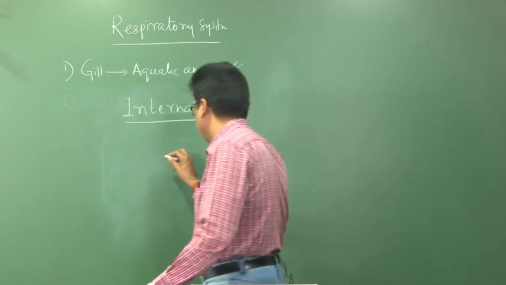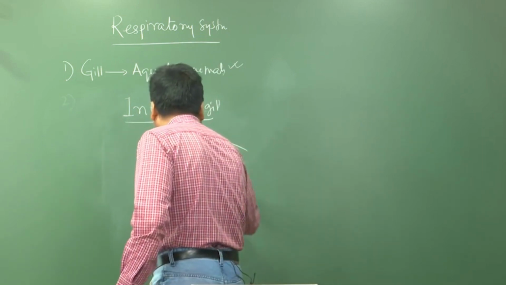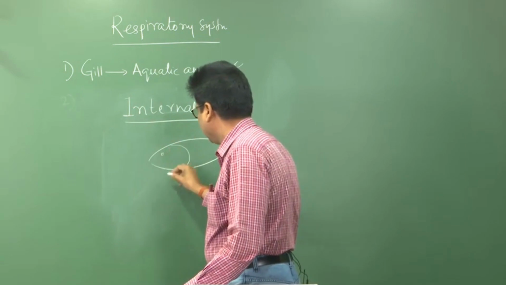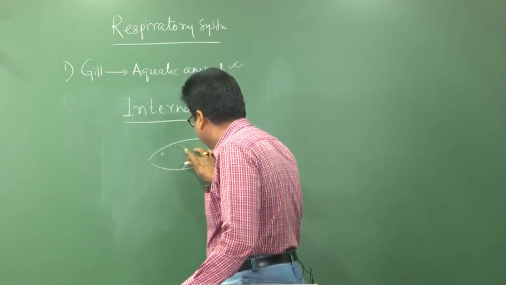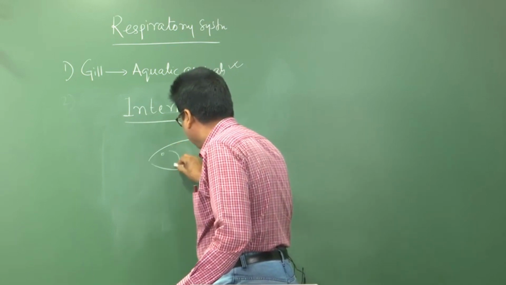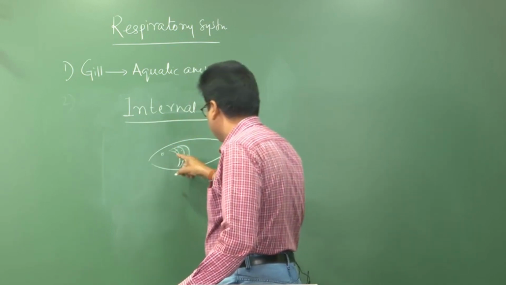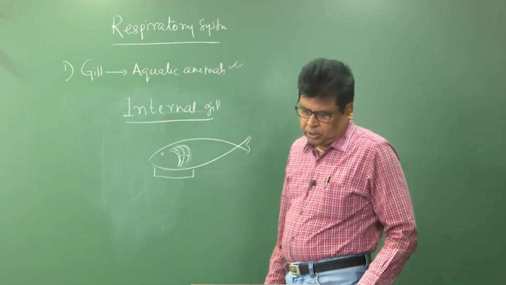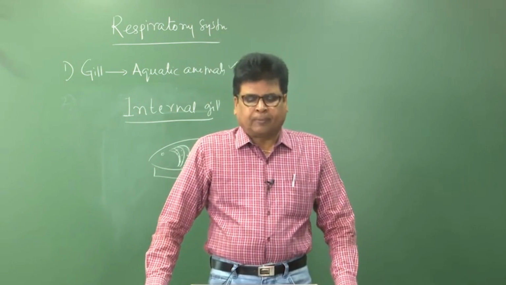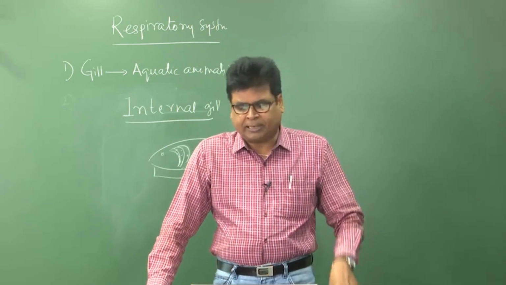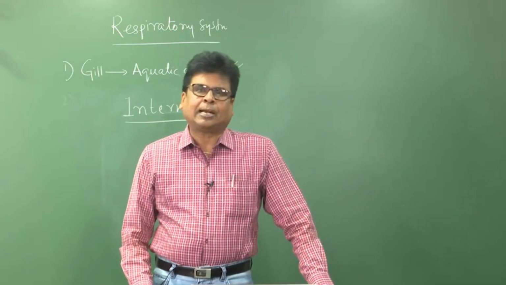For example, this is the fish, and this is the operculum. This is the eye. Now if I detach the operculum, you can see these are the gills. Gills are present here, in the visceral arch region, the pharyngeal region. They are placed in the gill slits and attached to the visceral arches.